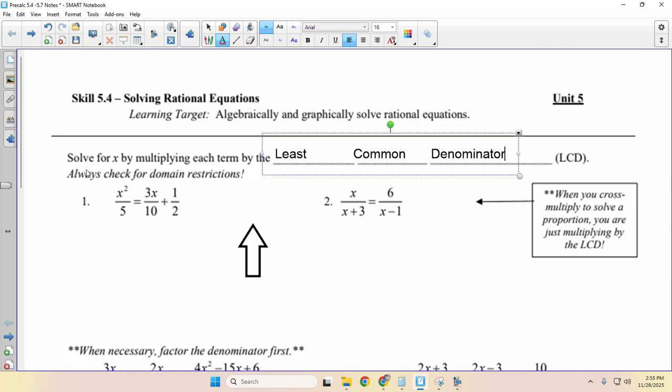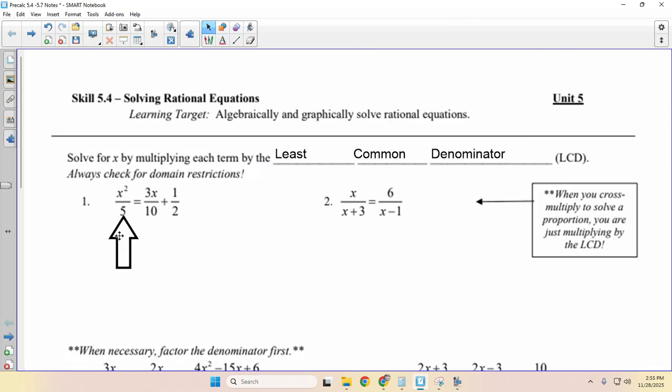Then once we get to the end, we're going to make sure the answers we get are allowed given our domain restrictions.